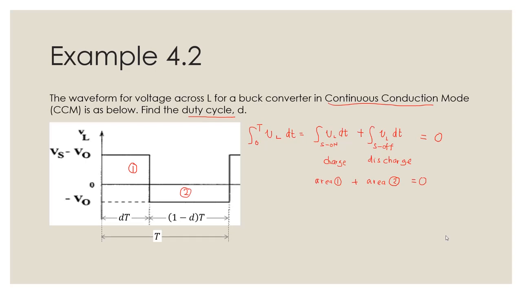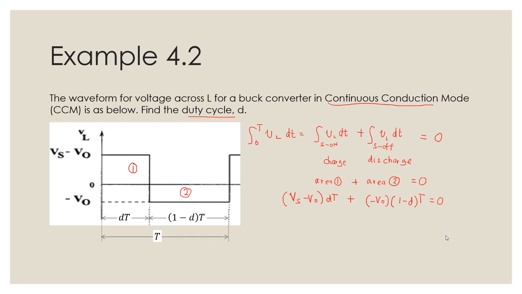Okay, so here this is area number 1: Vs minus V naught. We have the width of this waveform as DT, plus, for this one, the height is minus V naught and the width is (1 minus D) T. So this is equivalent to 0.